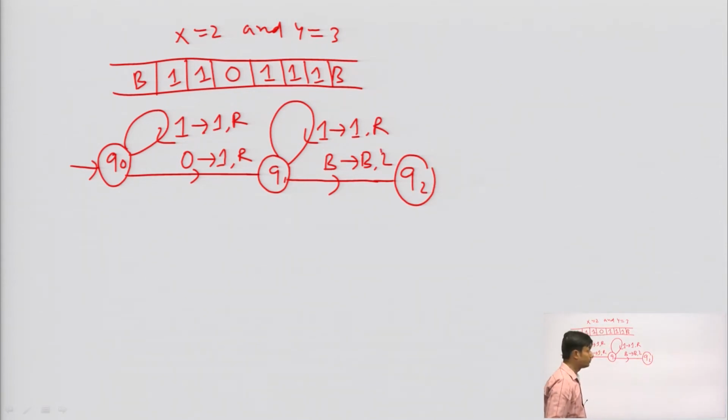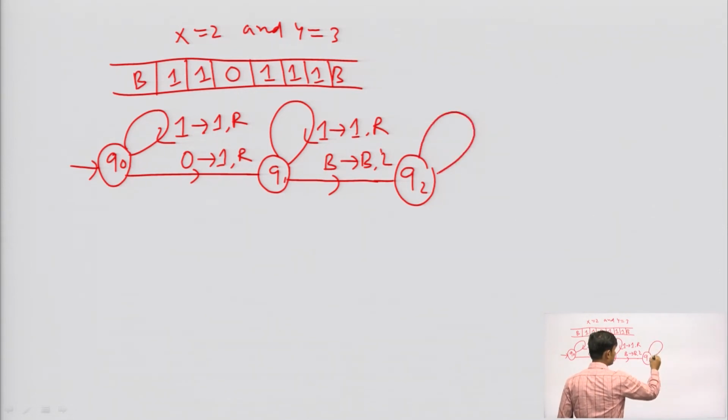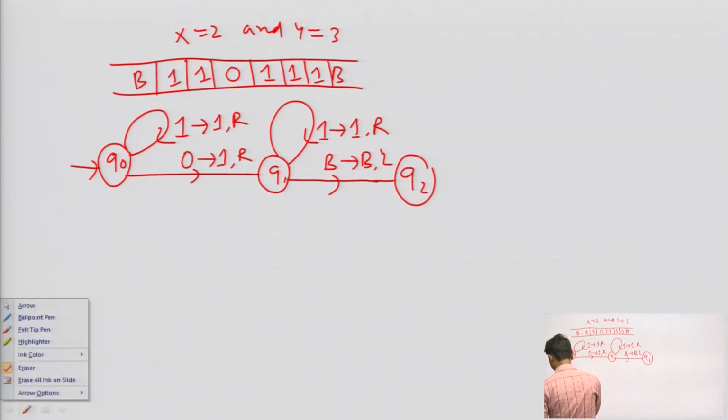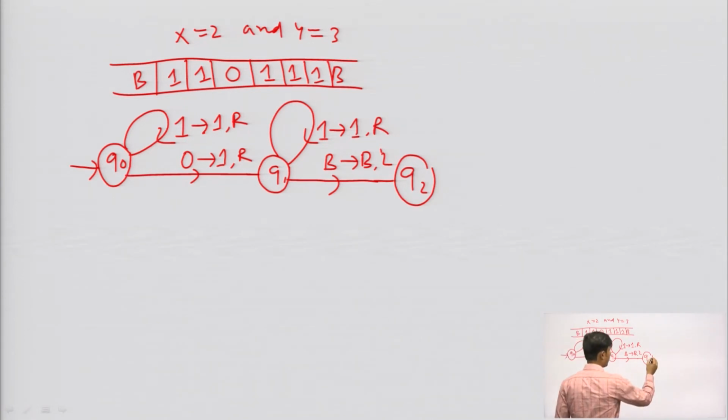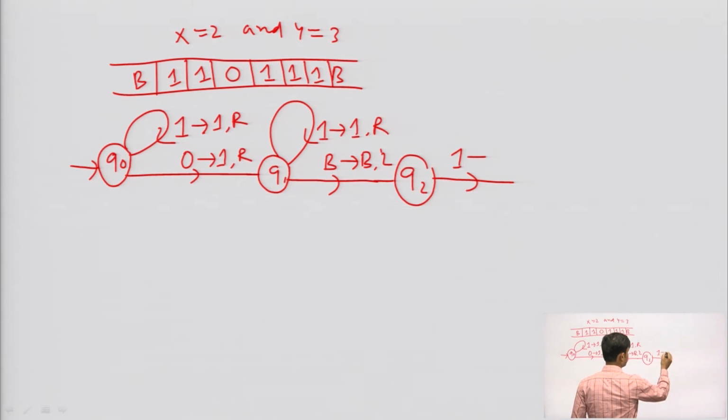Now in Q2 you will find a 1. This is not a loop. In Q2 you find only a single 1, make it blank, and move left.